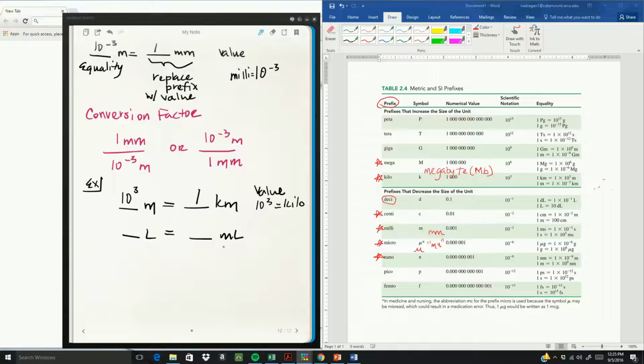Now, the next one, let's look at the value for milli. So again, we just did this example. Milli is 10 to the negative 3. So 1 where your prefix is, and then write the value where just your unit is with no prefix. Okay, so now these are our equalities.